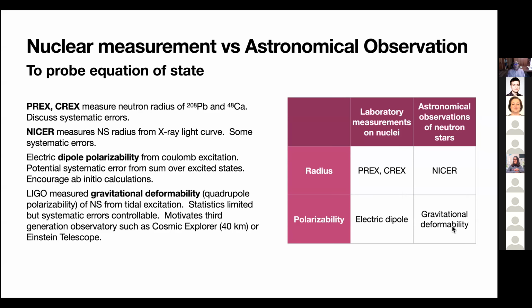So the small statistical errors motivates a third generation, a more sensitive gravitational wave detector, such as Cosmic Explorer in the US or the Einstein Telescope in Europe. And such an observatory could measure the deformability of a neutron star with small statistical and systematic errors.